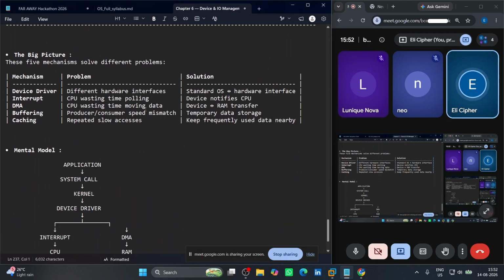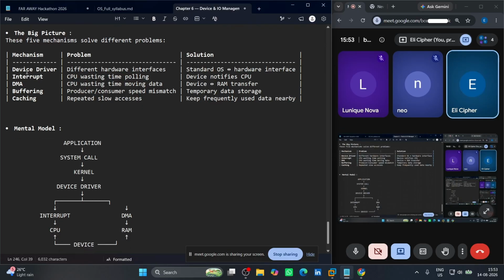Then there is just a summary of the whole class, right? Five mechanisms to solve five different problems. Device driver: different hardware interfaces, to provide the layer of communication between the operating system and the hardware, so a standard OS can communicate with hardware interfaces.